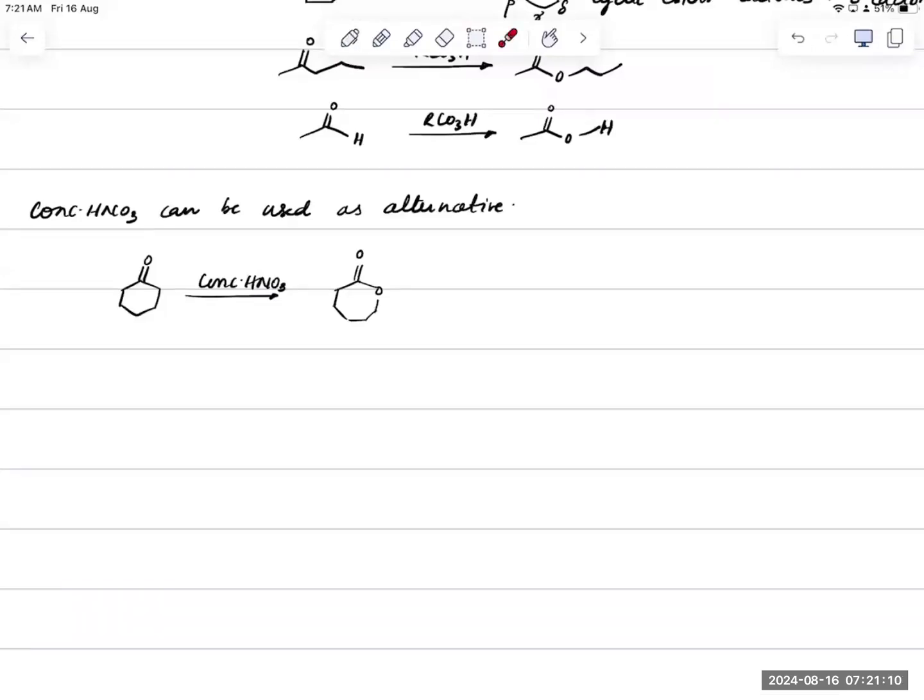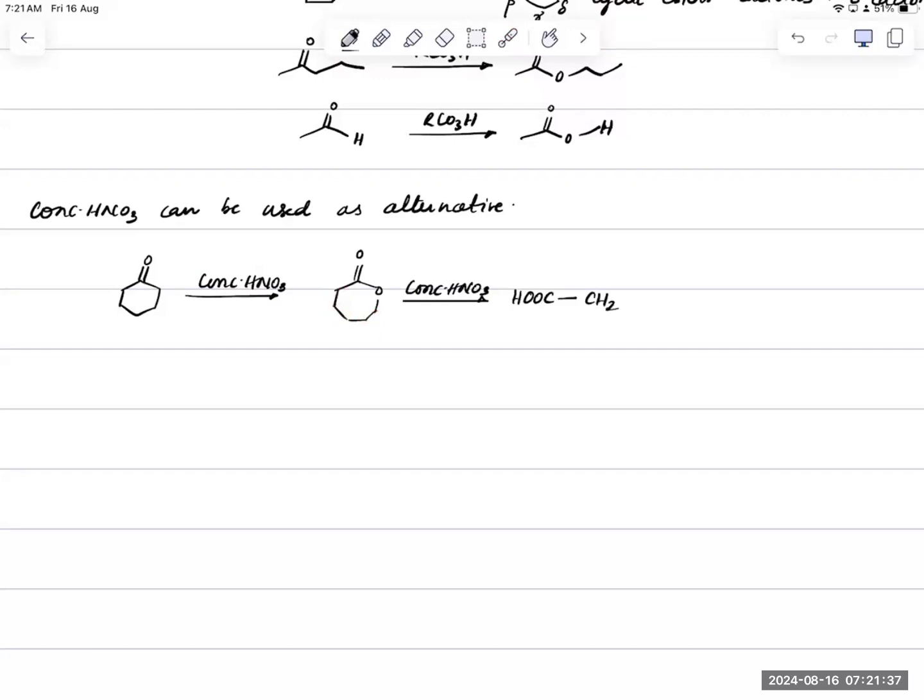Now see the importance of this. As long as concentrated HNO3 is present in excess, that is sufficient enough. So again, it will react with concentrated HNO3 and open the chain here first. So what do we have? On one side, we will have acid, OOCOOH. And how many carbons we have? 1, 2, 3, 4, 5. 5 carbons we have.